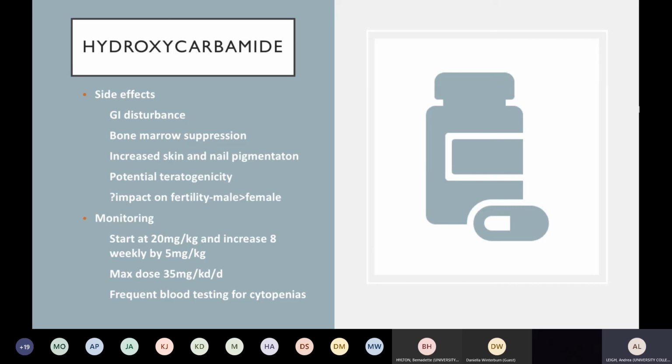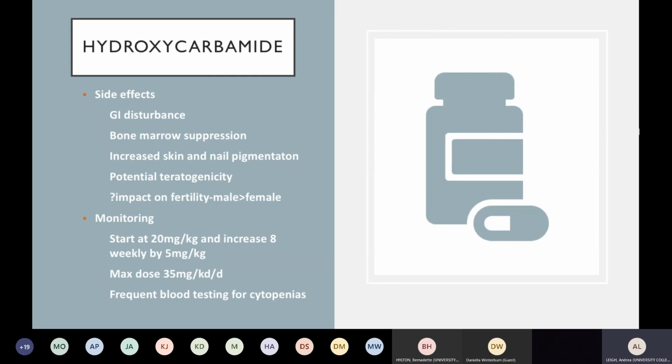The impact on female fertility is less clear. But of course, if you've got terrible sickle cell disease, that may well impact on your fertility as well. So it's slightly unknown at the moment, but we have to warn, consent, and keep consenting and making sure that people, as they grow older, children and adolescents, are aware of this.